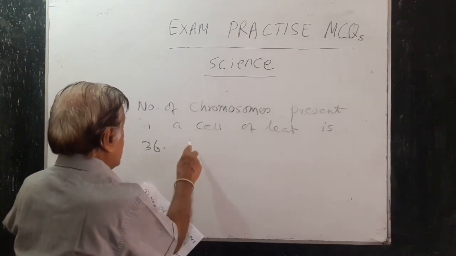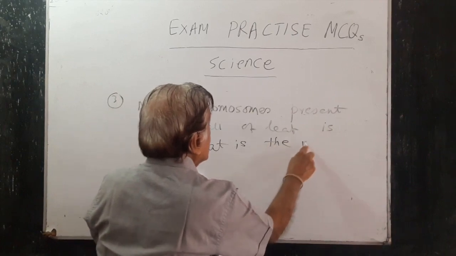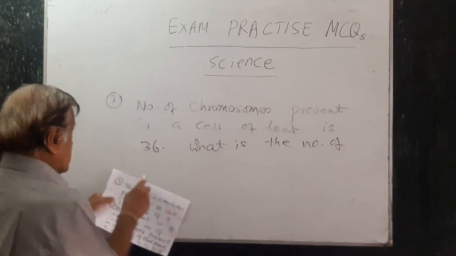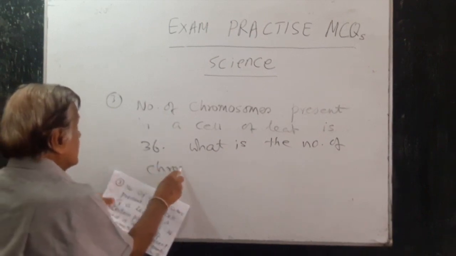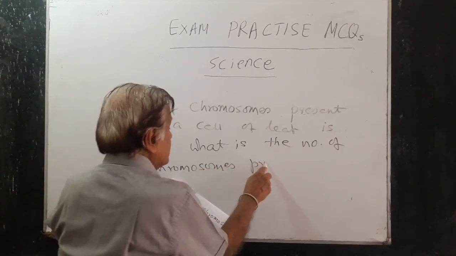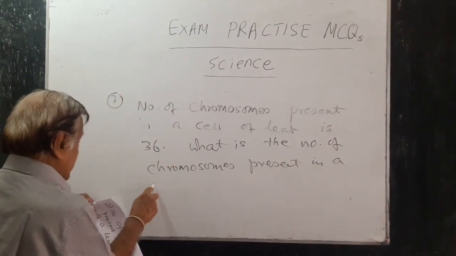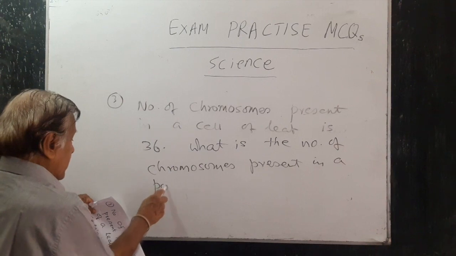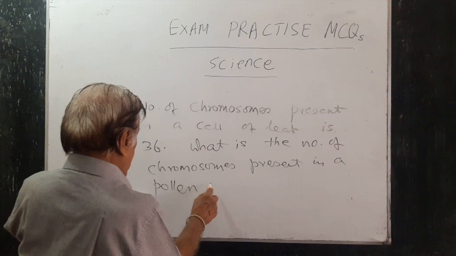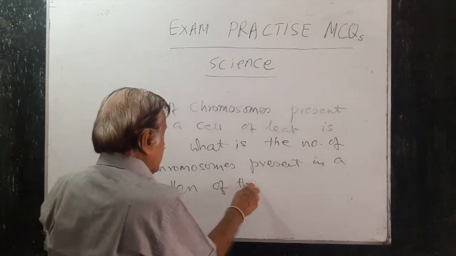What is the number of chromosomes present in a pollen of a flower of that plant?